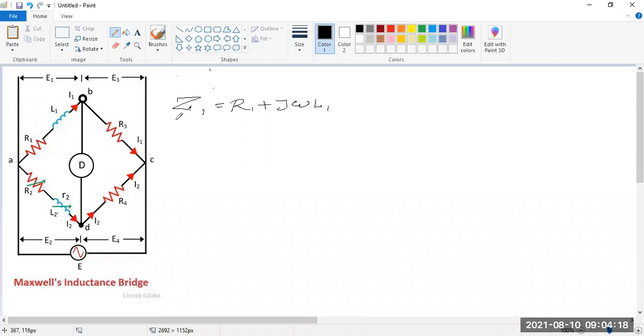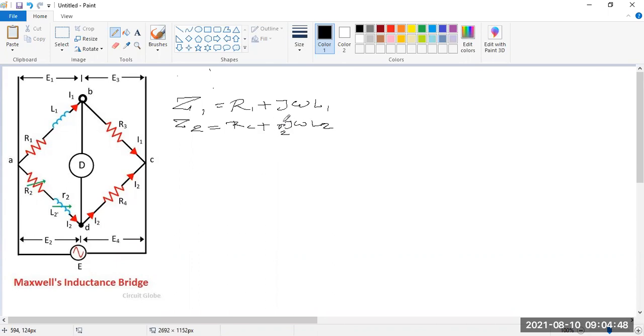Now Z2 is similar. Z2 equal to R2 plus j omega L2, but another small r2 is there, so we have to put this small r2 over here.